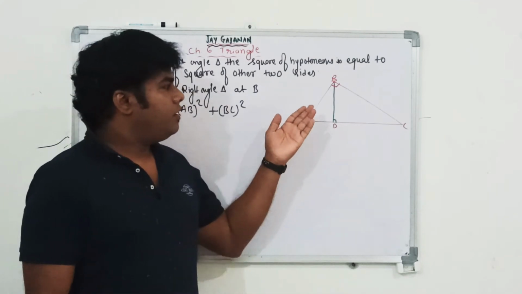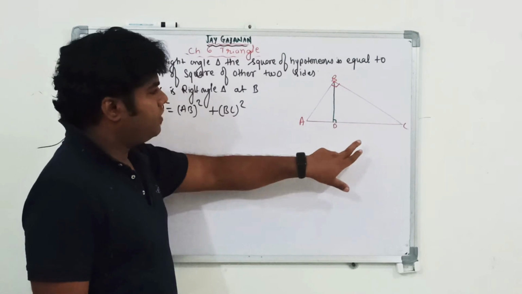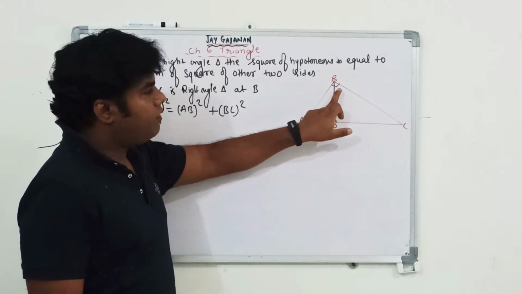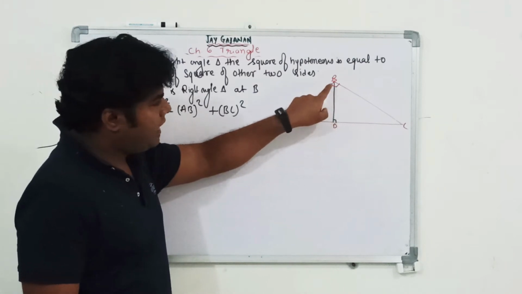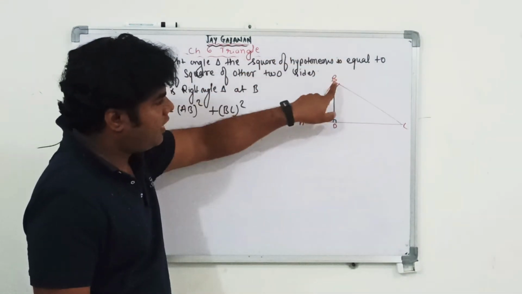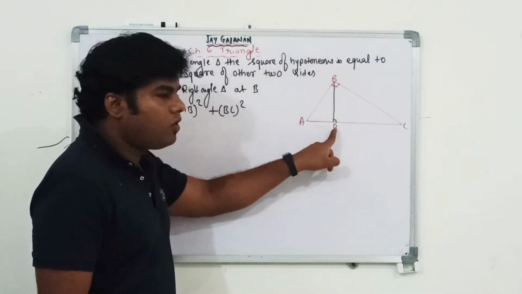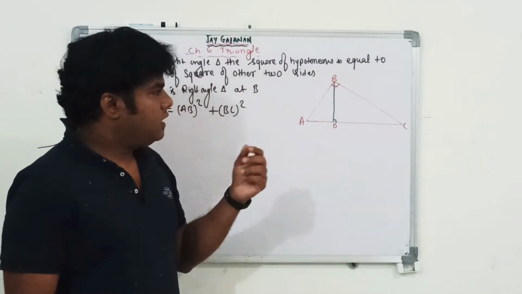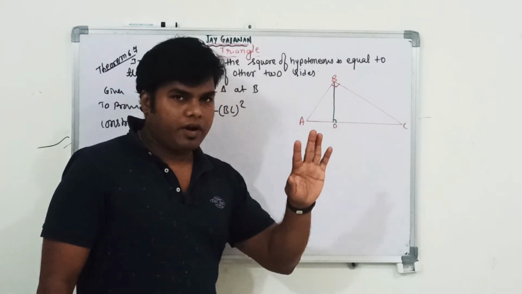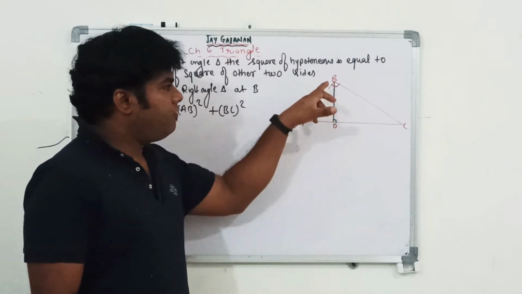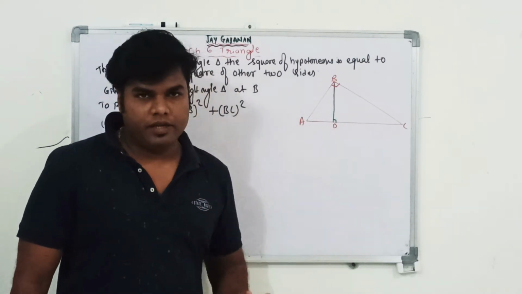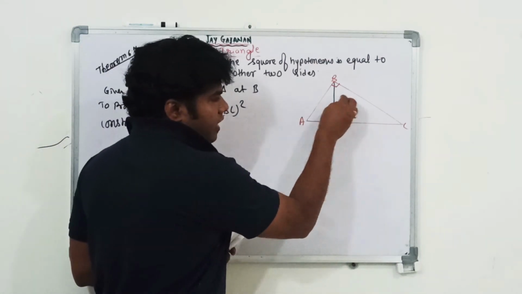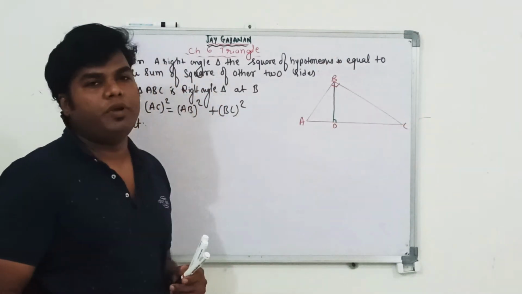If a line is drawn from the vertex of a right angle, that is, from the right angle of a right angle triangle, we draw a perpendicular on the hypotenuse, then what will happen? This particular triangle and this particular triangle will be similar to the complete bigger triangle.